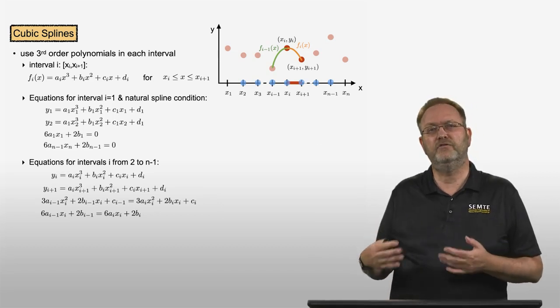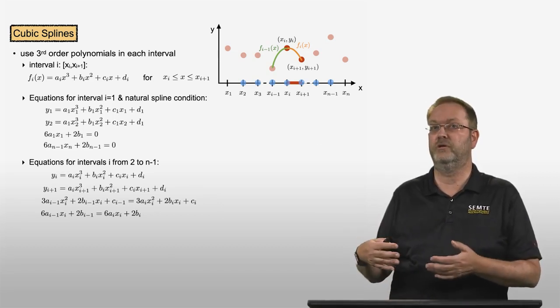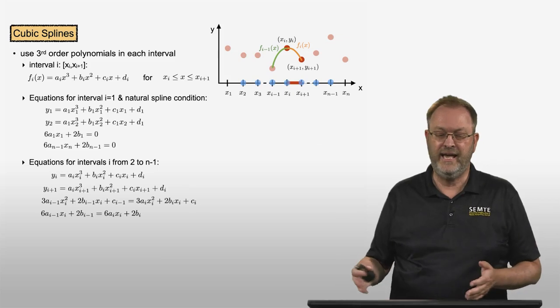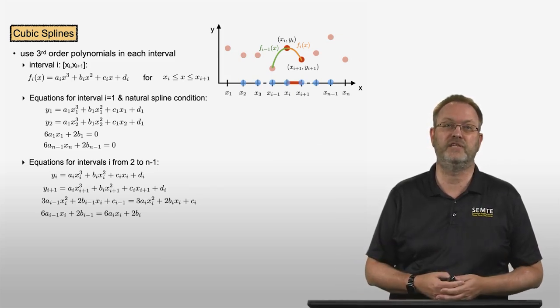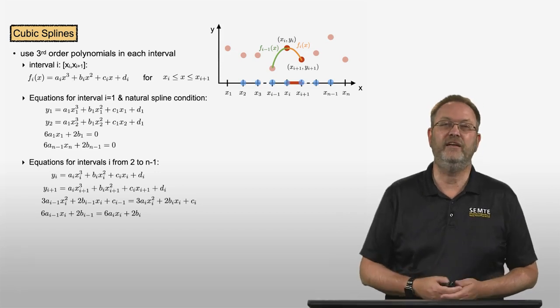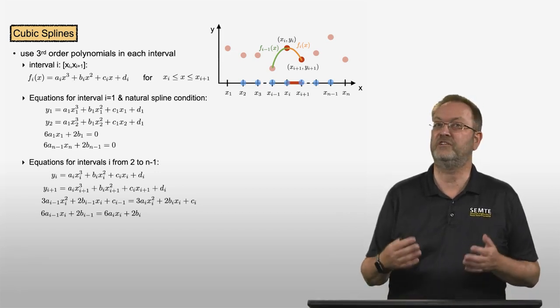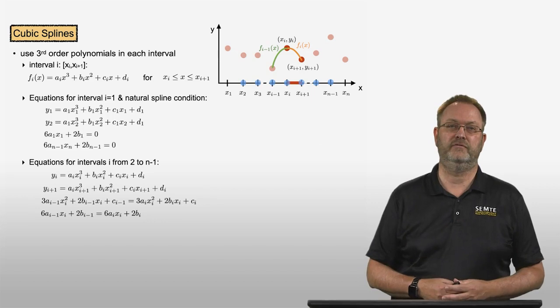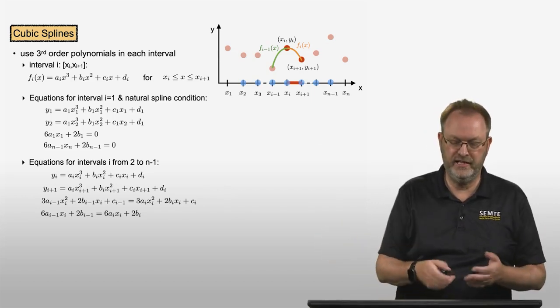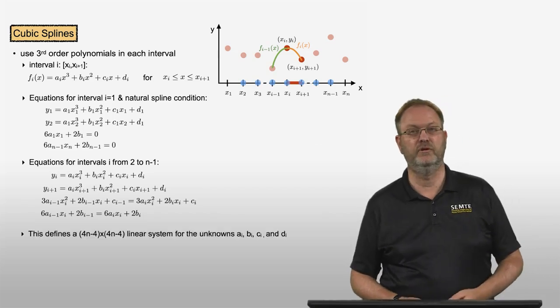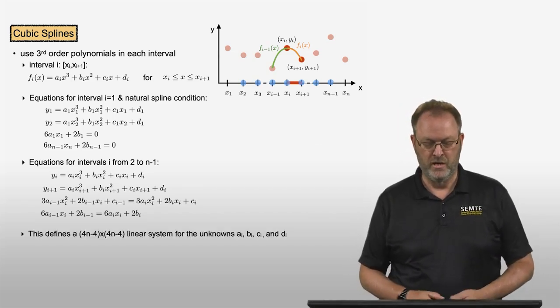So I take the 2 equations from the natural cubic spline condition and add them to the 2 equations that are naturally there for the first subinterval, to turn that again into 4 equations. Therefore, every subinterval will now have these 4 equations associated with it.